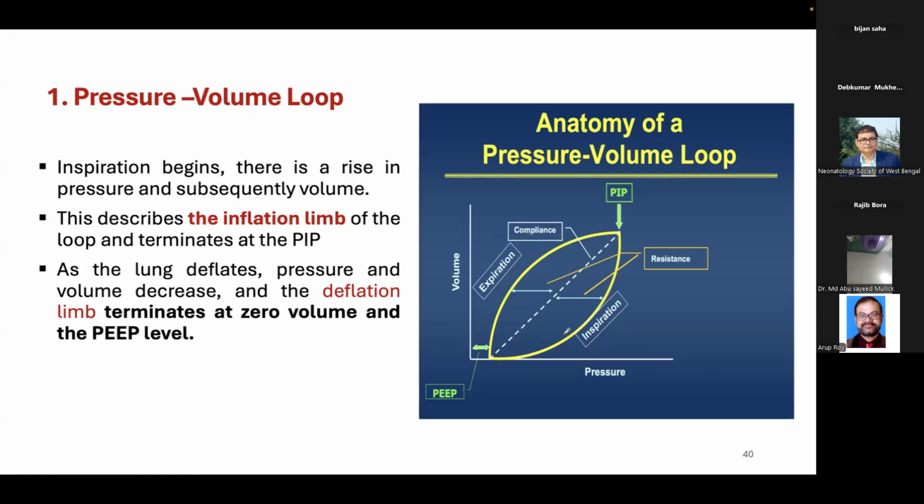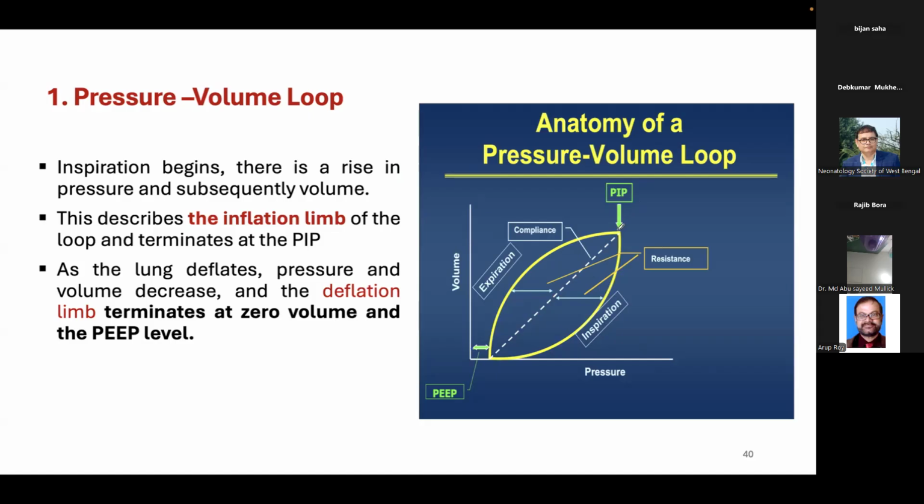First is your inspiratory limb. This is your expiratory limb. Then the line that connects this point to your PIP is your compliance axis. Then the line drawn from the midpoint of your inspiratory limb to the compliance axis is your inspiratory resistance, and the line drawn from the midpoint of your expiratory limb to your compliance axis is your expiratory resistance.